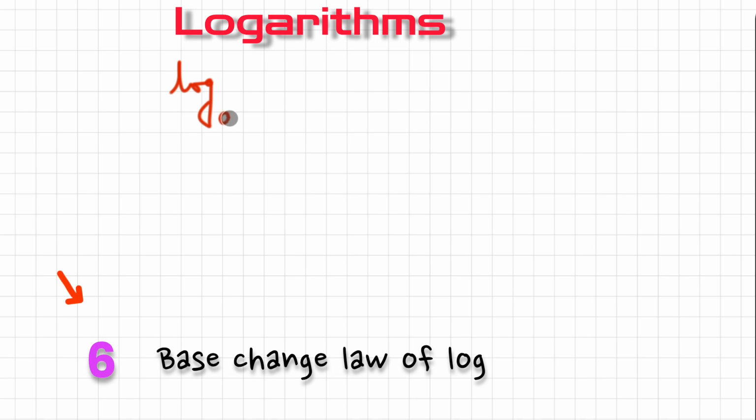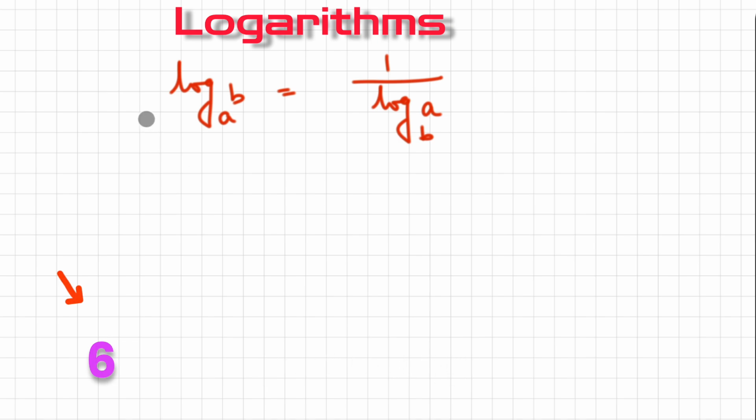Now come to the next law. Next law is base change. That is the most important part of the law. While solving questions, so many times we have to change the base. So there are two different methods to change the base. One, either you can reciprocate it or you can change the base. If it is written log a b, it can be written as 1 over log b a.